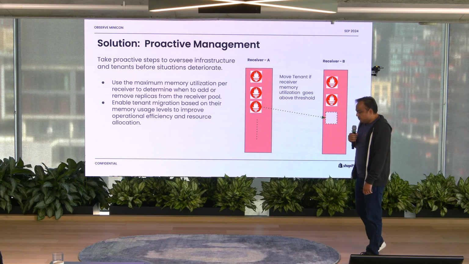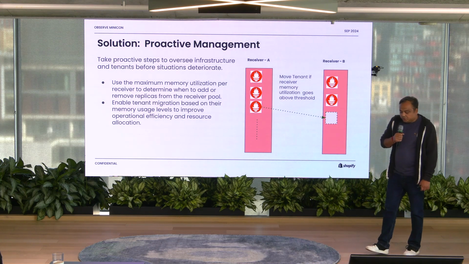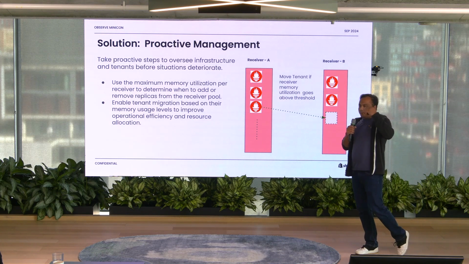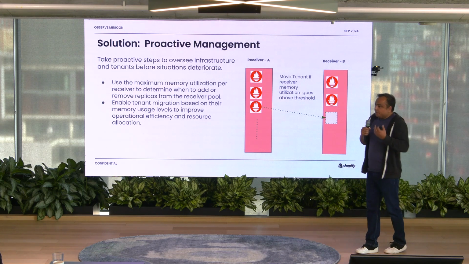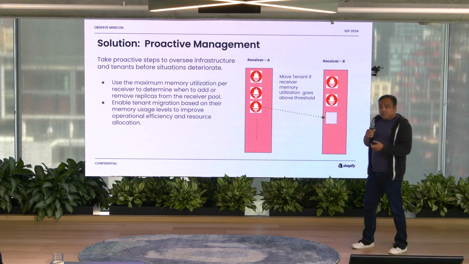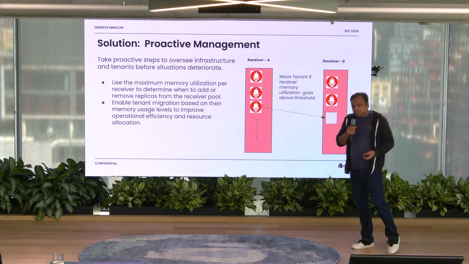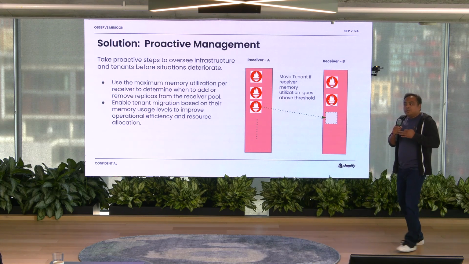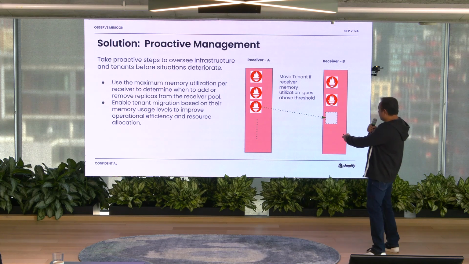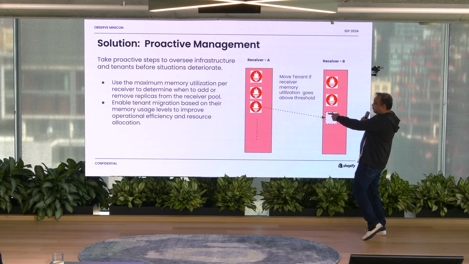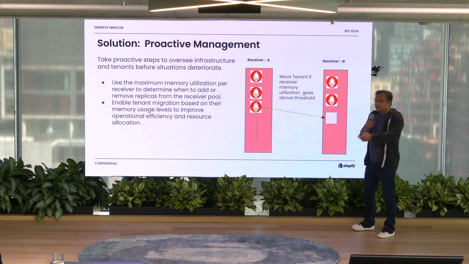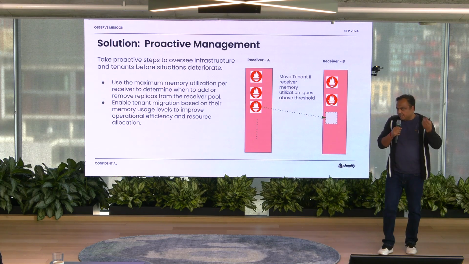That means we should build a system which takes into account the maximum memory utilized by the receivers, and based on that, it can move tenants, it can even add replicas, and it can even scale down when we don't need them. And that can happen seamlessly without human intervention. Moving a tenant, in a visual sense, means moving it to another receiver, but behind the scenes, it's just updating the hash ring config map.